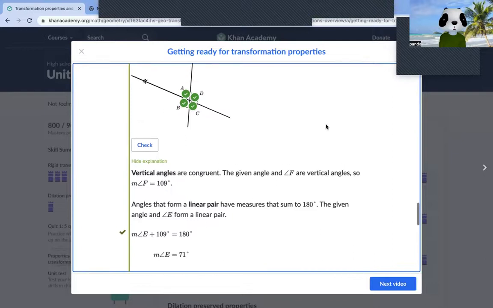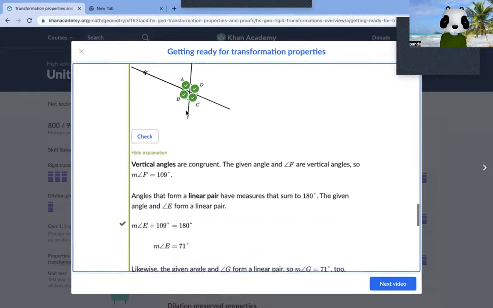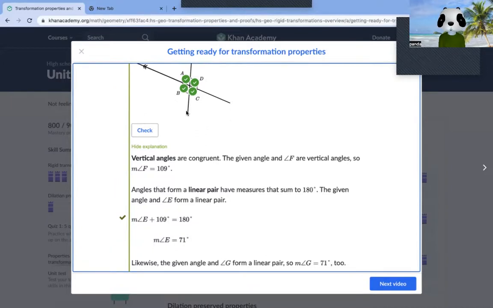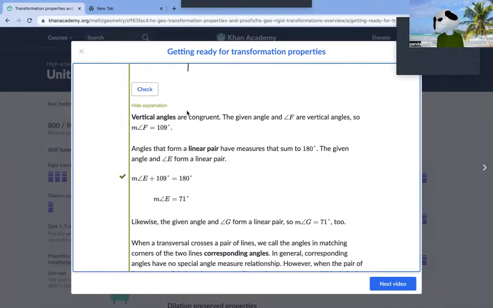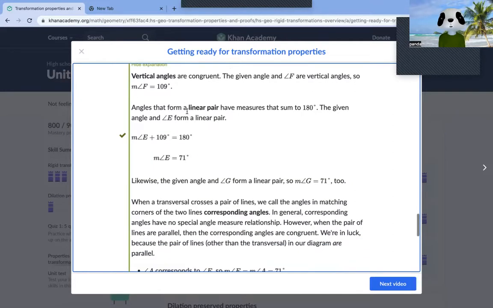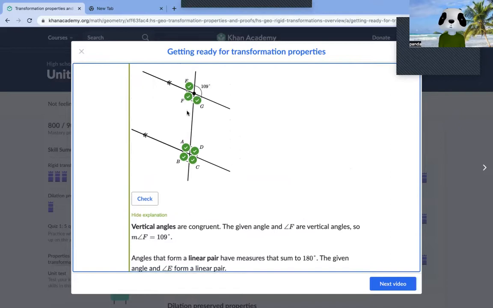A linear pair has measures that sum up to 180. So the given angle and angle E form a linear pair, so the measure of E equals 71. And this is perpendicular. The same thing happens to both of these sides because they are parallel.